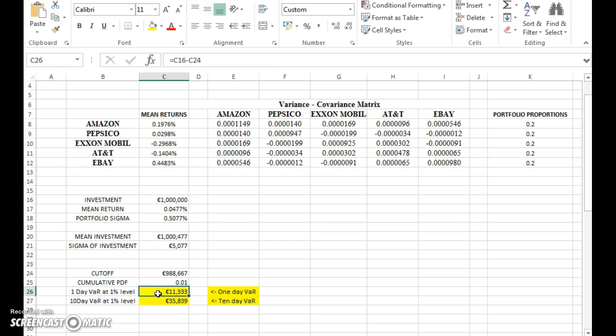Now we already have estimated the one-day VaR at the 1% significance level, but if we wish to estimate for more than 1 day, we can simply take the one-day VaR and multiply it by the square root of the number of days that you wish to estimate, which in our case is 10. So this gives us the 10-day value at risk at 35,839. Now this example showed how you can obtain the multi-asset portfolio value at risk through the variance covariance matrix.